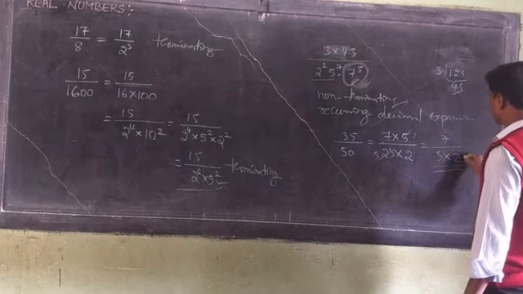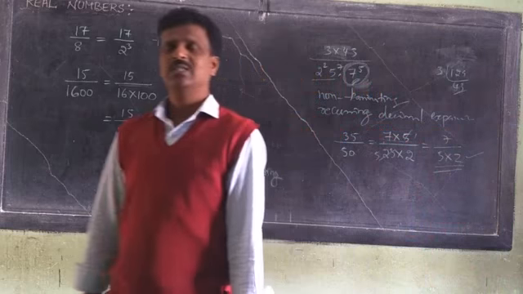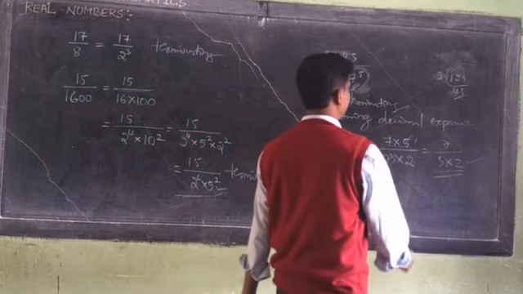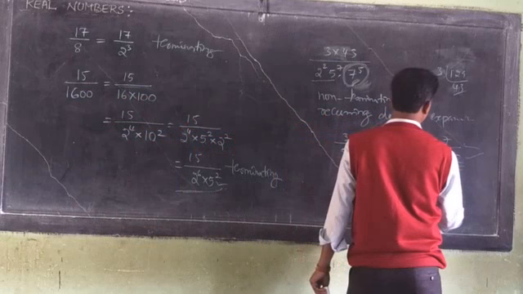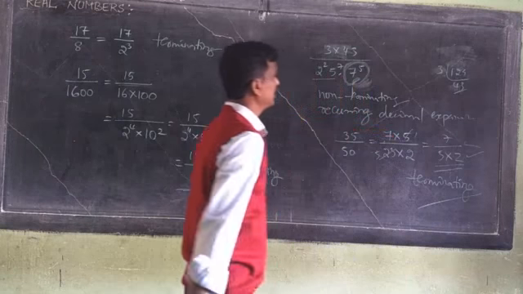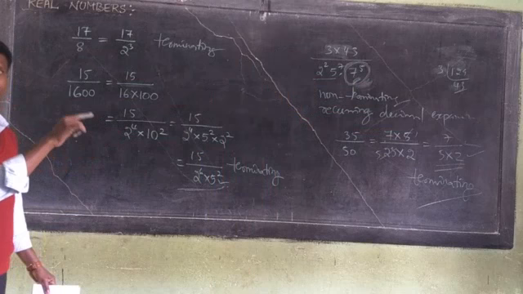Therefore, the denominator is in the power of both 5 and 2. Therefore, this is a terminating decimal expansion.